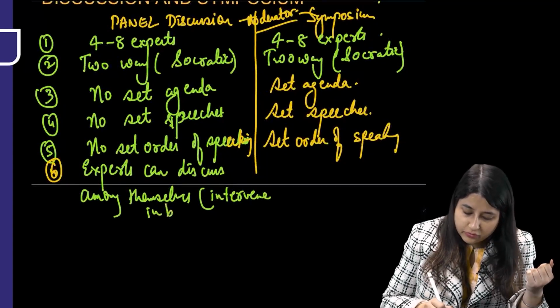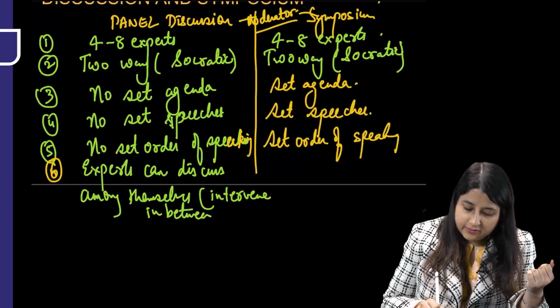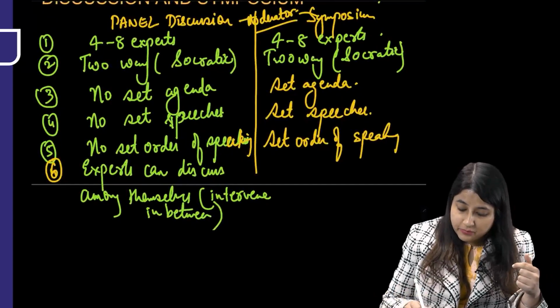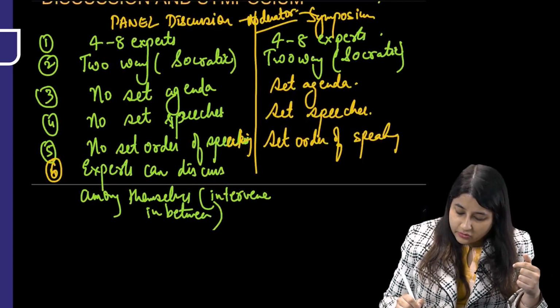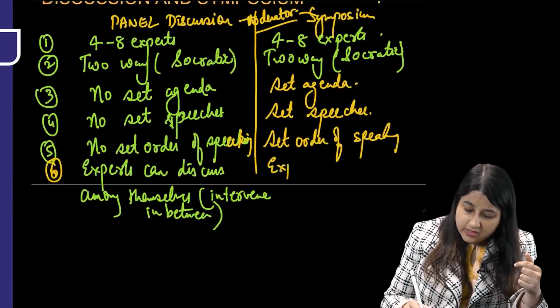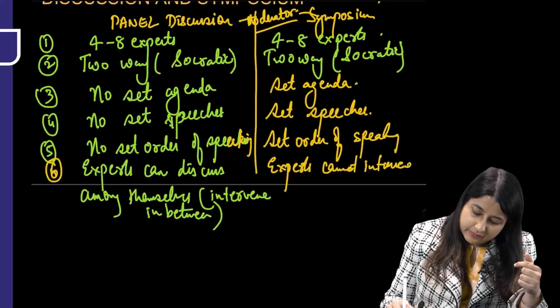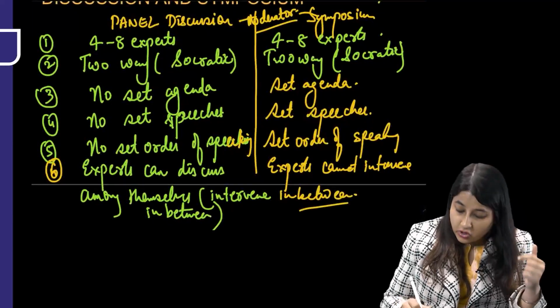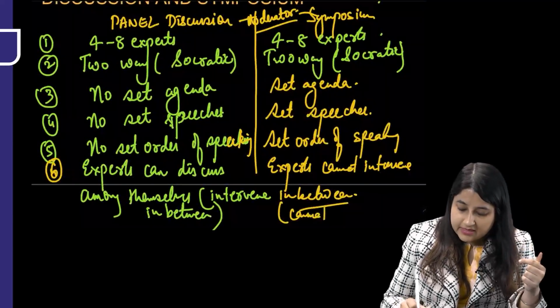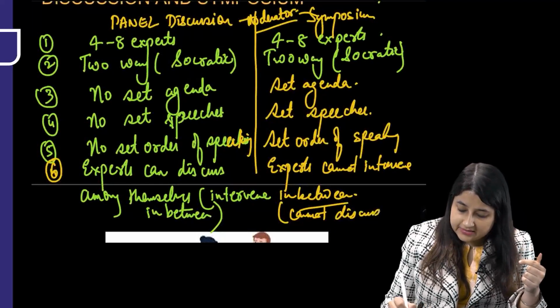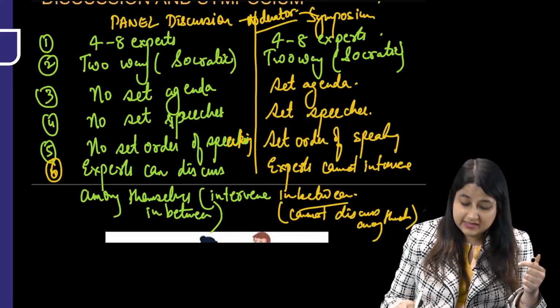But in symposium, experts cannot intervene in between. Experts, what cannot they do? Experts cannot intervene in between. They cannot discuss among themselves. That's a very important thing which can come.